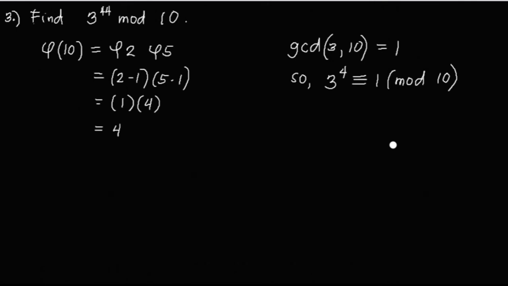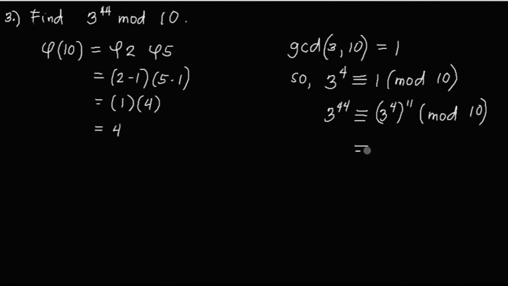Now, luckily, no, so ang given natin ay 3 raised to 44. So, kailangan ma-erase natin sa 4, 'di ba? Para maging 1, malimit natin or mapababa natin yung number sa 1. And luckily, no, yung 44 is divisible by 4. 'Di ba? 44 divided by 4 is equal to 11. So, we can write here 3 raised to 4 raised to 11 mod 10, right?